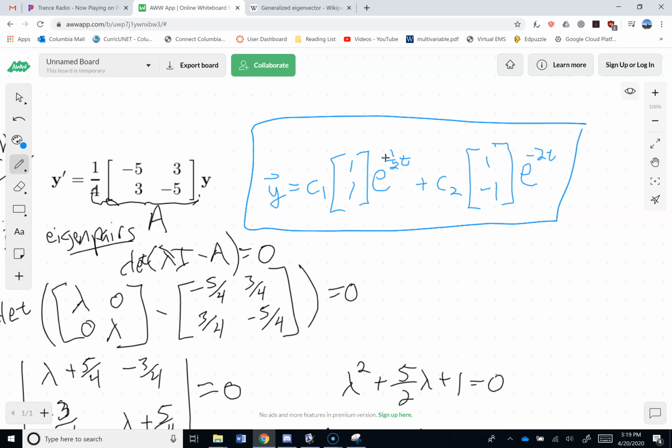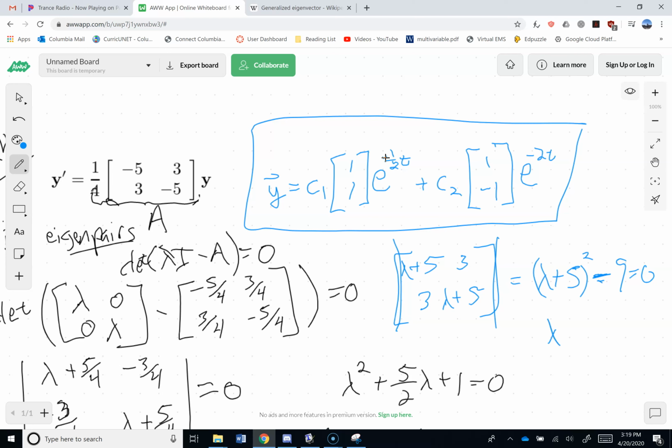Okay, then let's do just a tiny bit of investigating while we were kind of thinking about it. So I was thinking about this using -5, 3, 3, -5, right? So let me do lambda I minus that. I get this guy. The determinant of that thing is lambda plus 5 squared minus 9, which I'm supposed to set equal to 0.